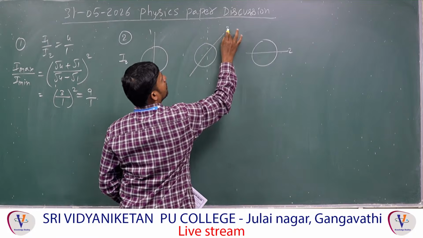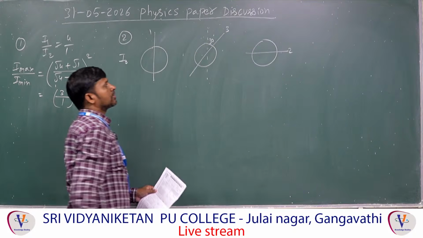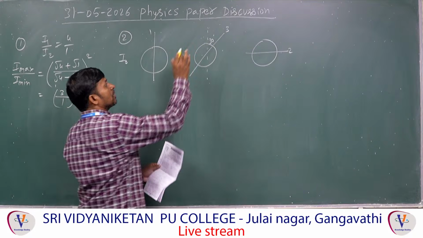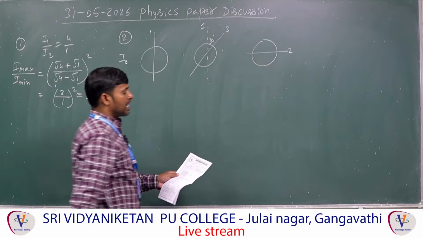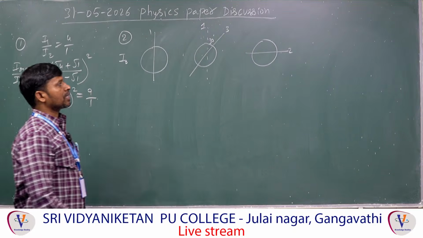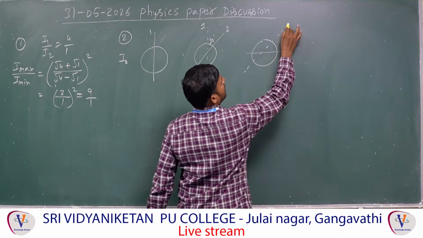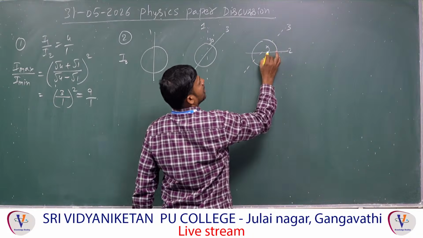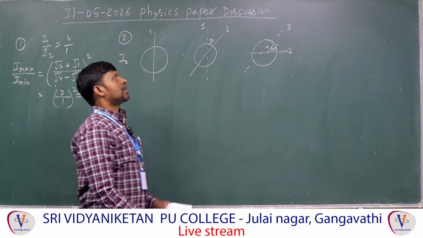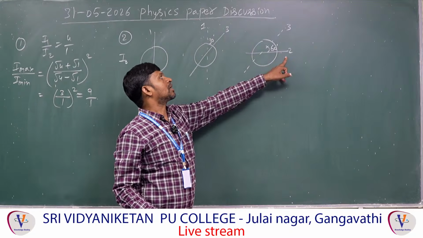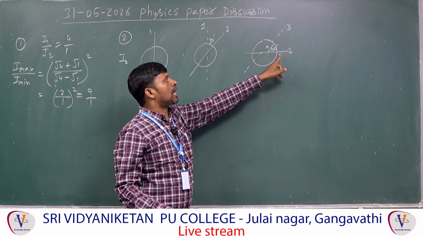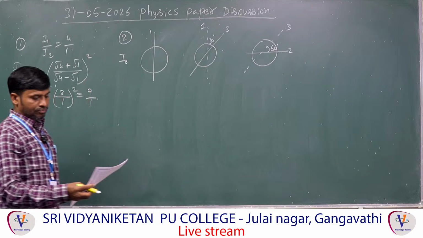This third one makes an angle of 30 degrees with the first one. What is the intensity of the light emitted from the second one? This third one with the second, how much angle? 60, because 1 and 2 are perpendicular. This value 30 means automatically the second one is at 60.